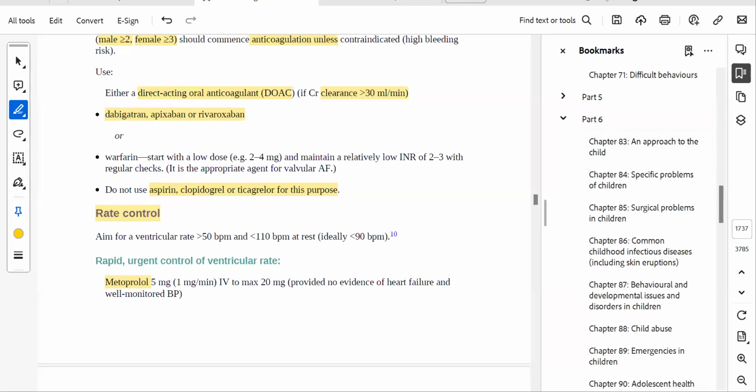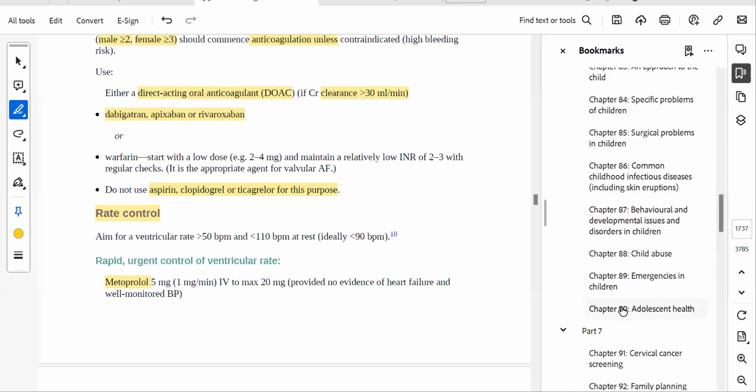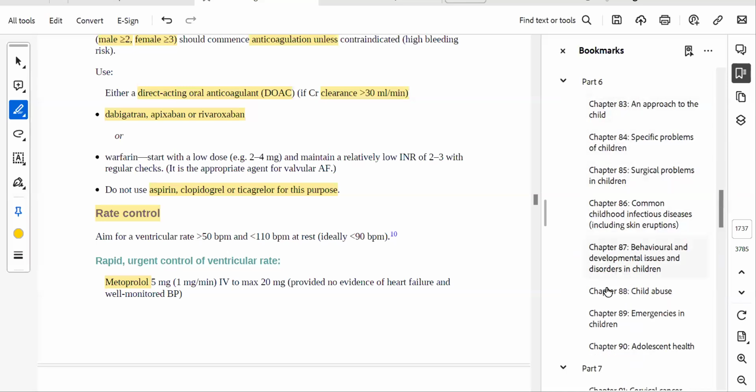Part 6, starting from chapter 83 till chapter 90. All these chapters are pediatric chapters in your John Murtagh, and we will take a lot of help from these chapters as well.